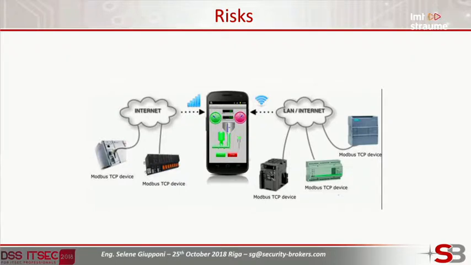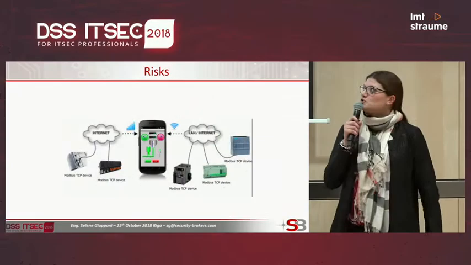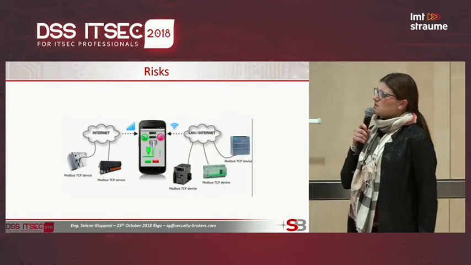So these are some tools and applications. Modbus is the protocol for SCADA infrastructure. And it's possible to have direct access to this kind of infrastructure and modify something just through the smartphone. So this is very interesting to see.